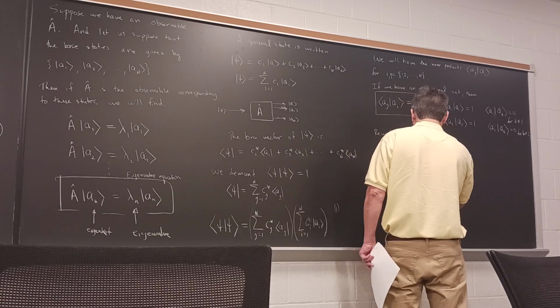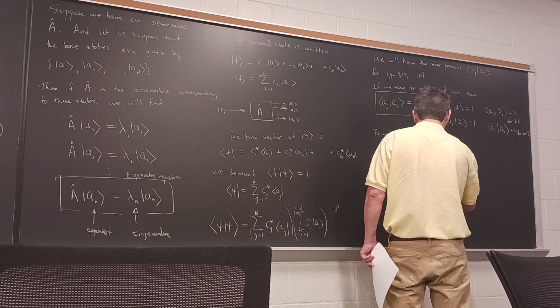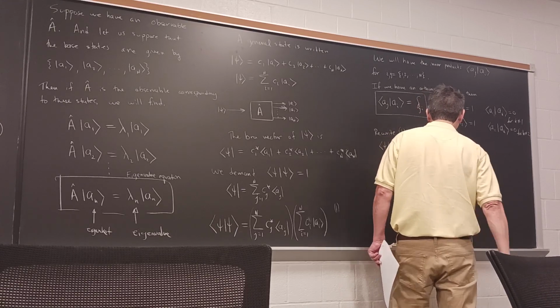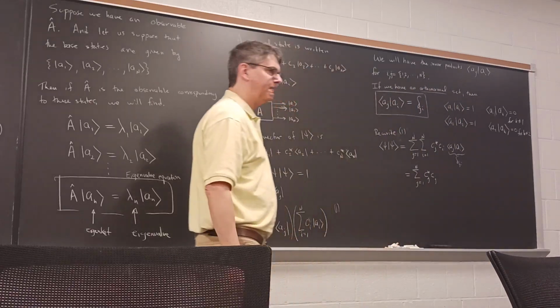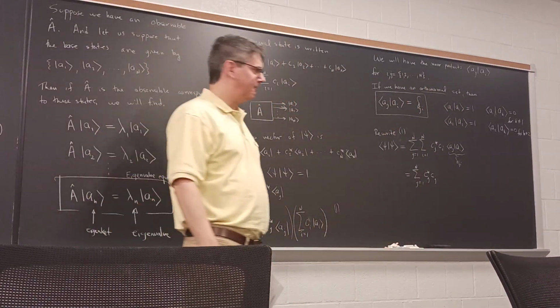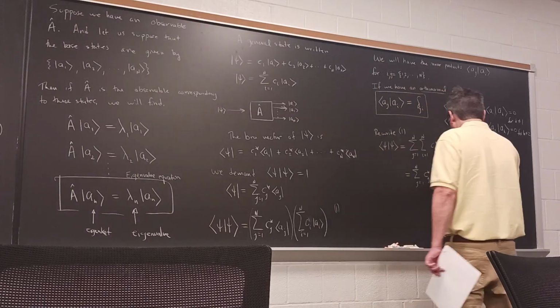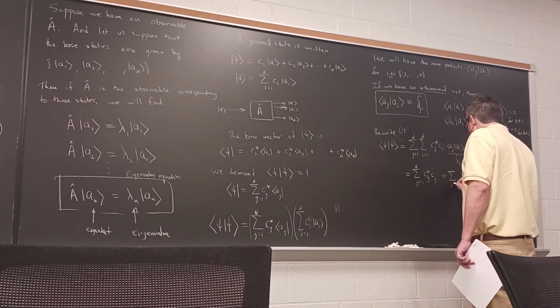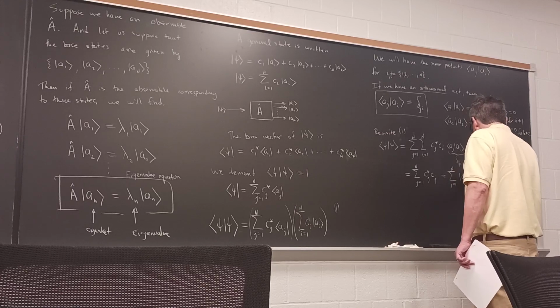So this would be equal to the sum over J equals 1 to N, and then we have Cj star Cj. Okay? But this is what? This is just the sum J equals 1 to N over the magnitude of Cj squared.